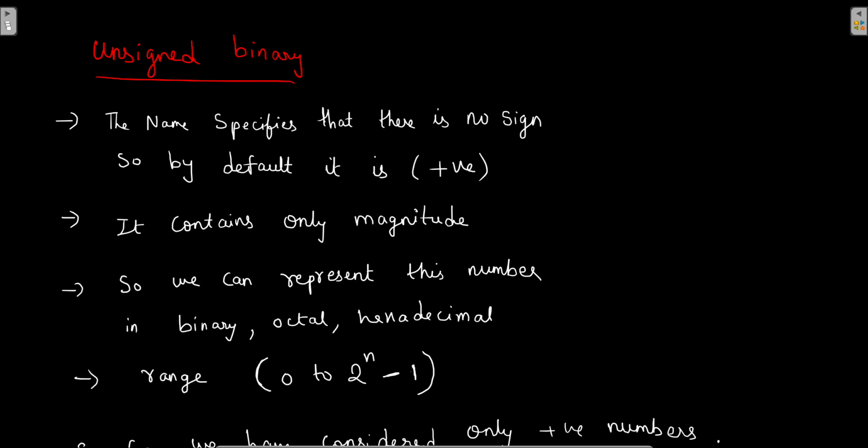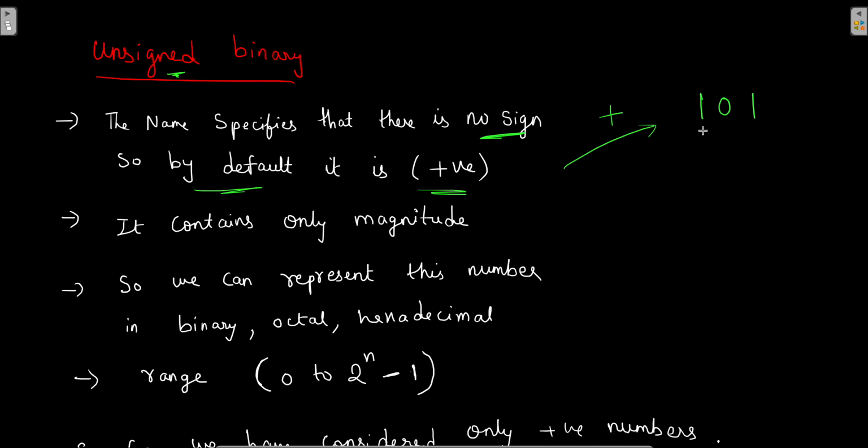The name indicates that unsigned binary means there is no sign for that number. For example, in binary I am taking 101. There is no sign here, whether positive or negative, but by default we consider it positive.